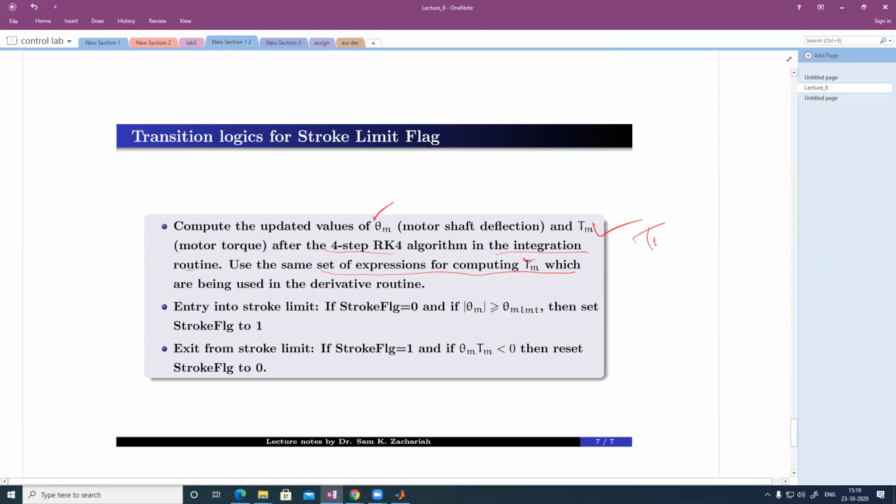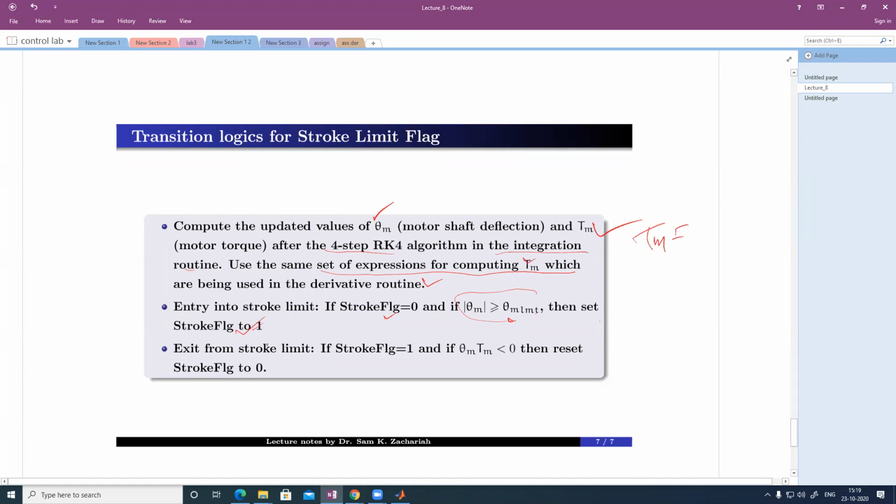So you have to compute Tm, which is used in the derivative routine. If the stroke flag is 0 and theta m is greater than or equal to theta m limit, then set the stroke flag to 1. So if the stroke flag is 0 and this limit is crossed, you have to set it to 1.